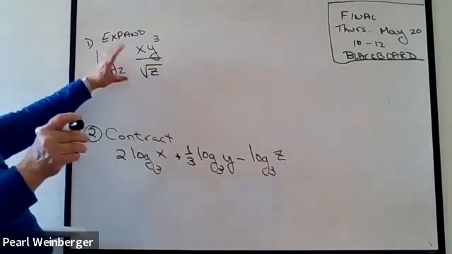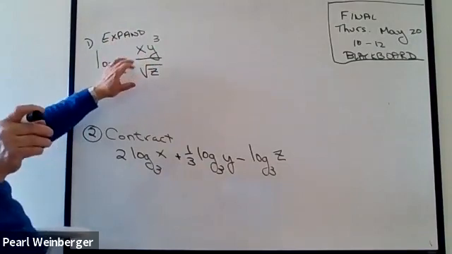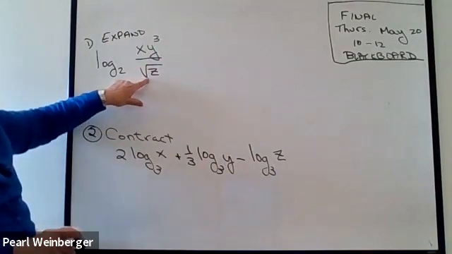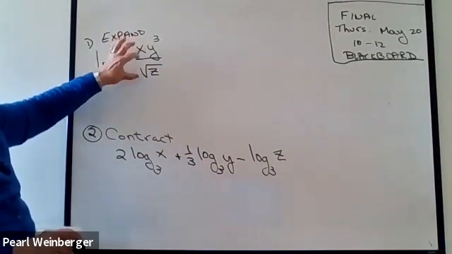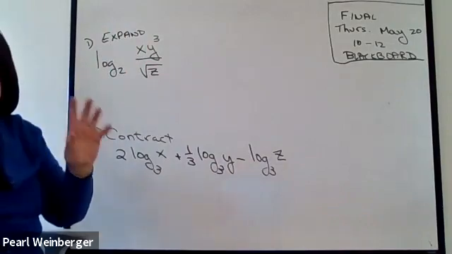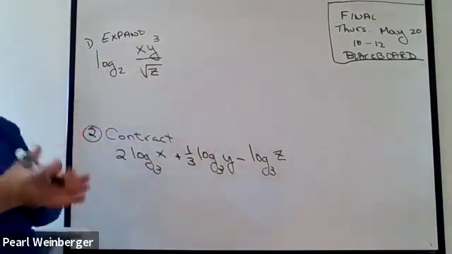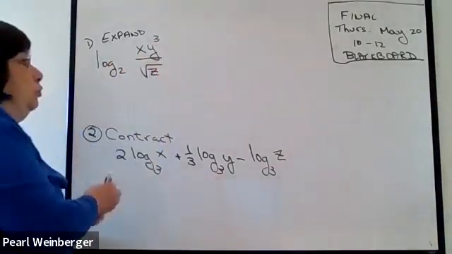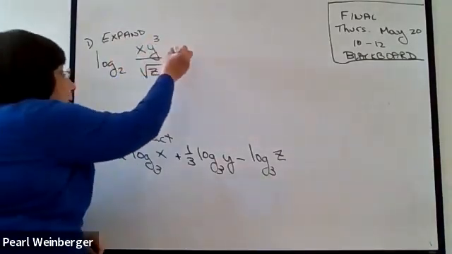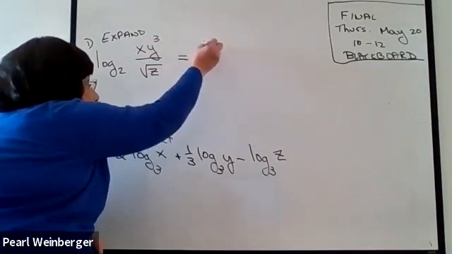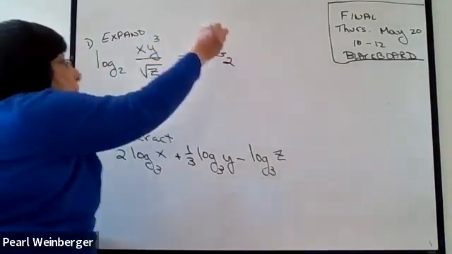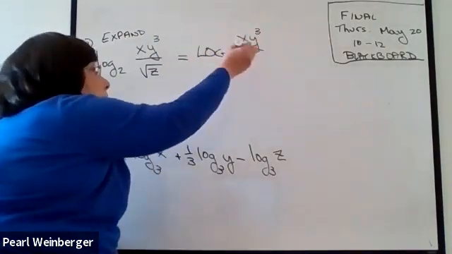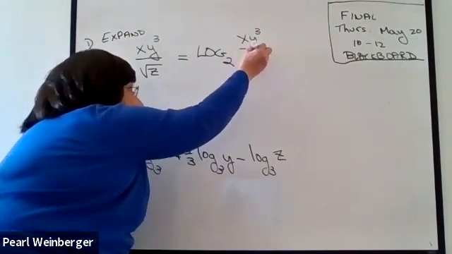Now, if you recall, what I said first is, anytime you see a radical in your expression, you've got to rewrite that as an exponent because we don't recognize radicals in the log chapter. We just recognize exponents. So we could rewrite this as log base 2 of x y to the third over z to the 1/2 exponent.